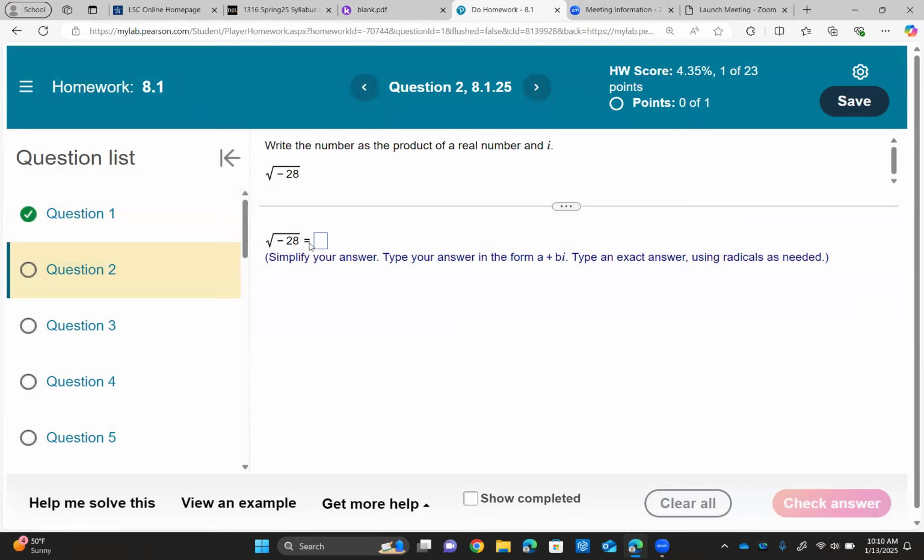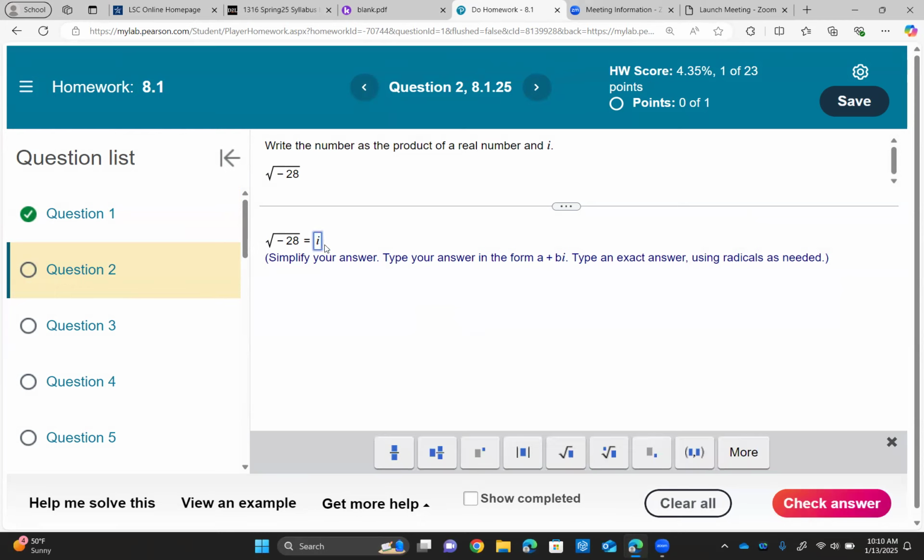For number 2, this is not a perfect square number anymore. First of all, I know that I'm going to get an i as a part of my answer, because whenever we have a negative sign under the radical, we will get an i. We have to simplify the 28. 28 is 4 times 7. 4 can go outside of the radical as 2, but then the 7 is not a perfect square number, so it's going to stay here.